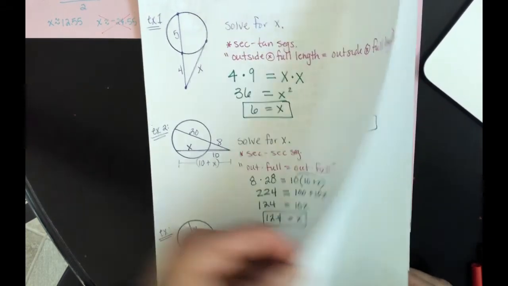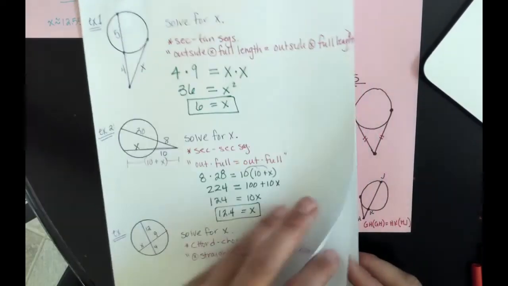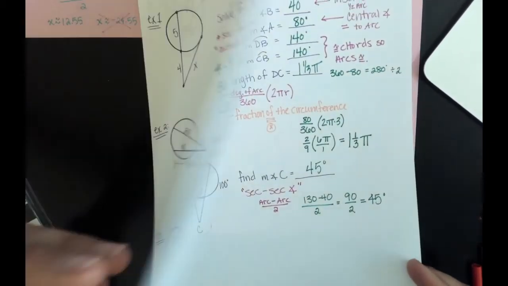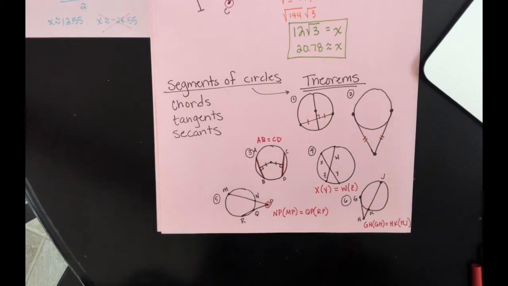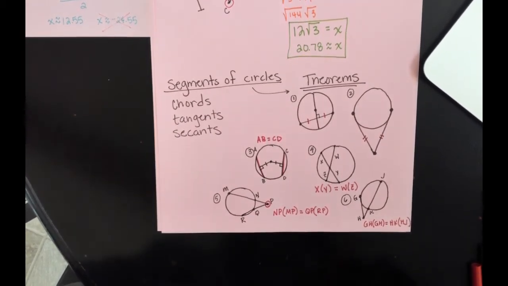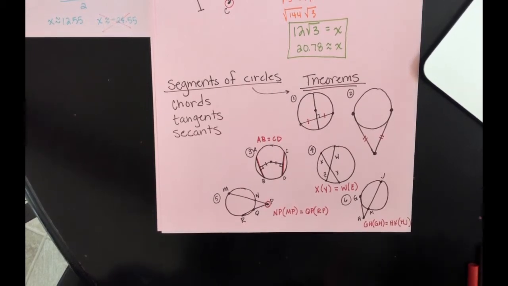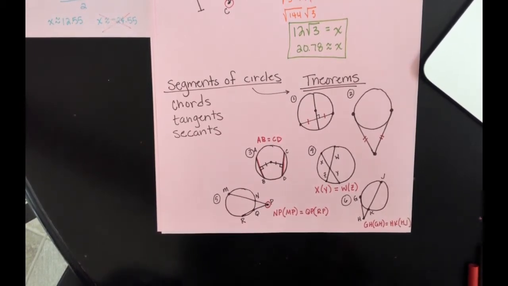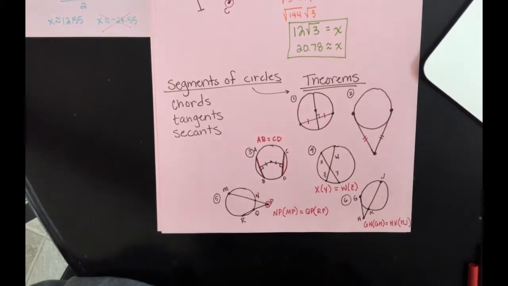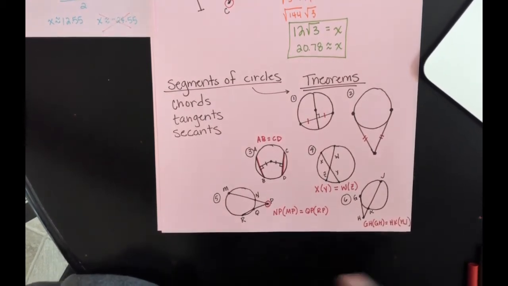So you can take a look at those as well. And then when we come back, the next time, I did promise that I would continue to add information, even though I know we're finished tomorrow. I did say that I wanted to make sure that you still had information for next year with circles, so I will continue to add notes and probably some videos, so you can check these out when you want to.